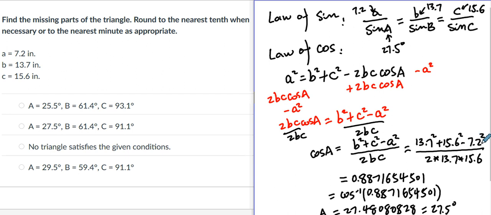Then divided by 2bc, so 2 times 13.7 times 15.6. Now, plug this quantity into our calculator.